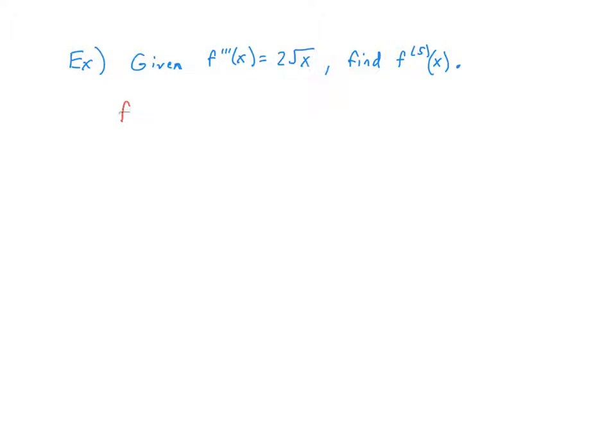So of course then f triple prime of x, which you could have written if you preferred as the third derivative of x, like that. There's actually other notation that you could use as well that I'll explain momentarily. And that, in this case, was equal to 2x to the 1/2 power, right? And so, let's find out what the fourth derivative is.